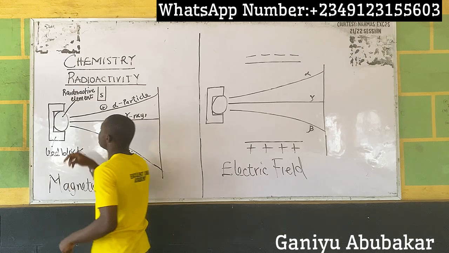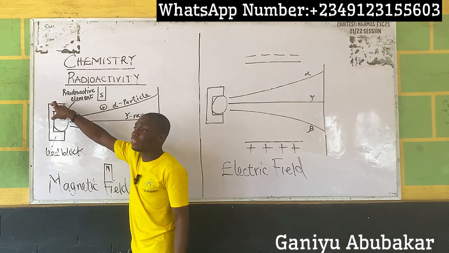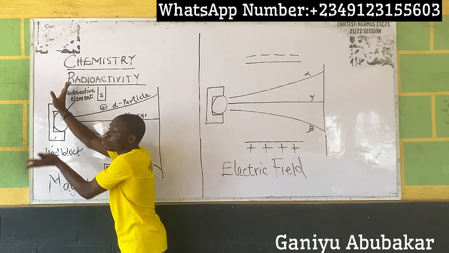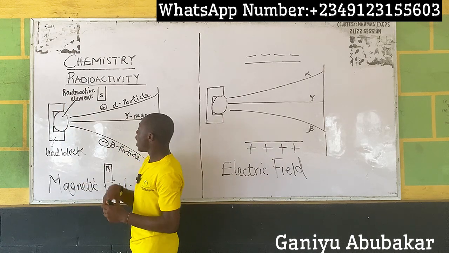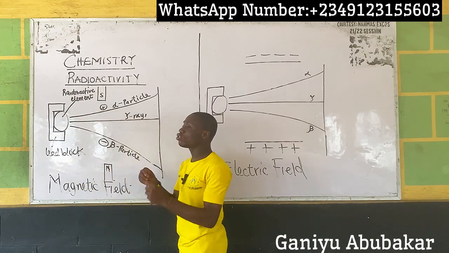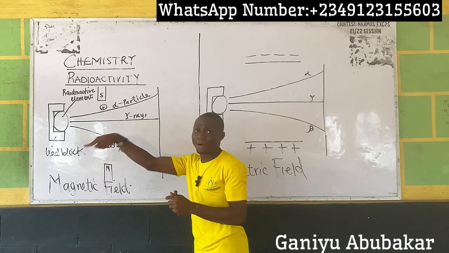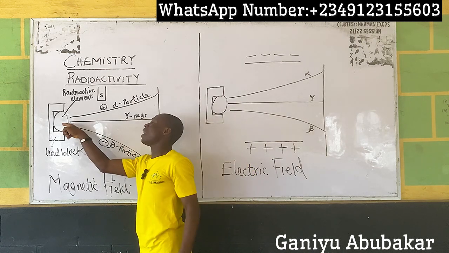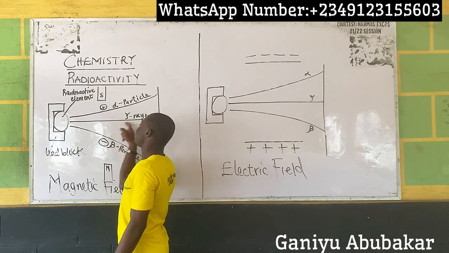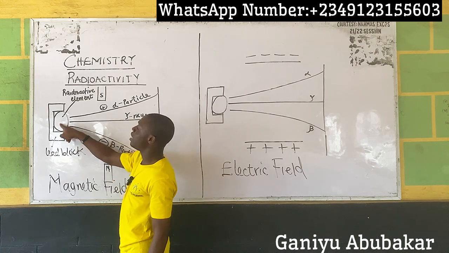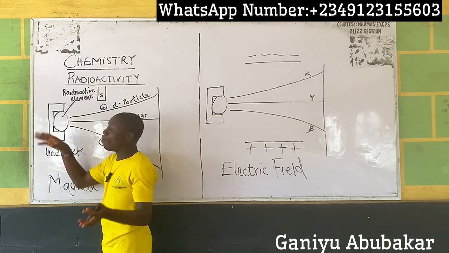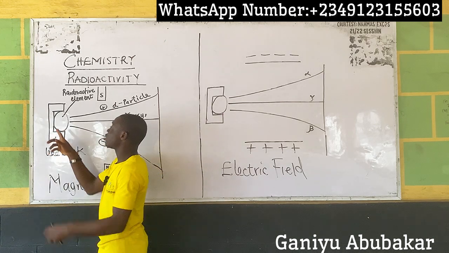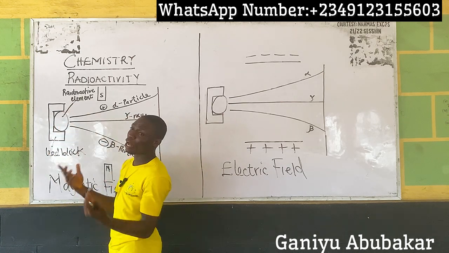And also, gamma ray tends to have more penetrating power, right? It has a high penetrating power, so when it penetrates this radioactive element, it tends to spread out. But due to the lead block, it helps to prevent the radioactive elements from spreading out to the surroundings.